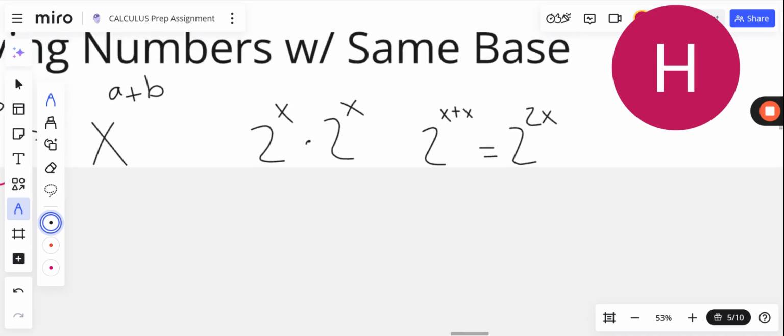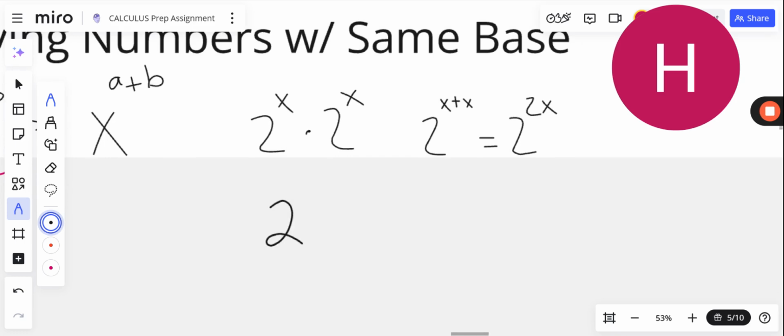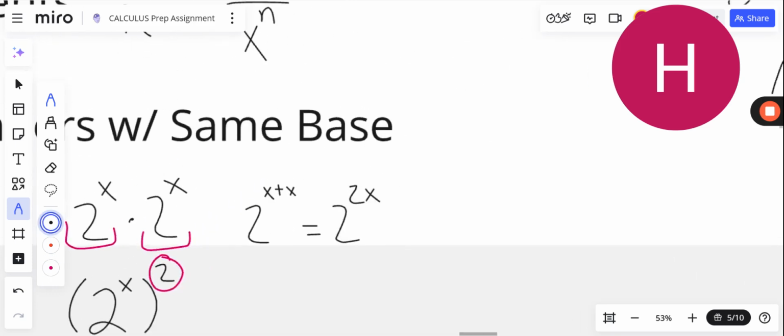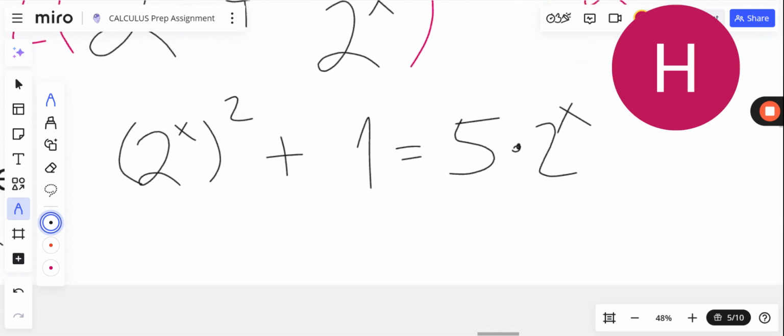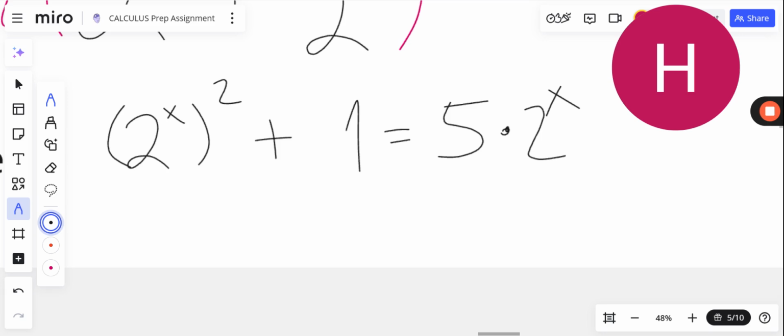But for our purposes here, it's going to be a little better if we just keep it as 2 to the x and then write squared, which is the same thing as 2 to the x times 2 to the x. That's what squared means. It means 2 to the x is multiplied by itself twice. So let's write it as 2 to the x squared. And now we have the opportunity to turn this into a quadratic.